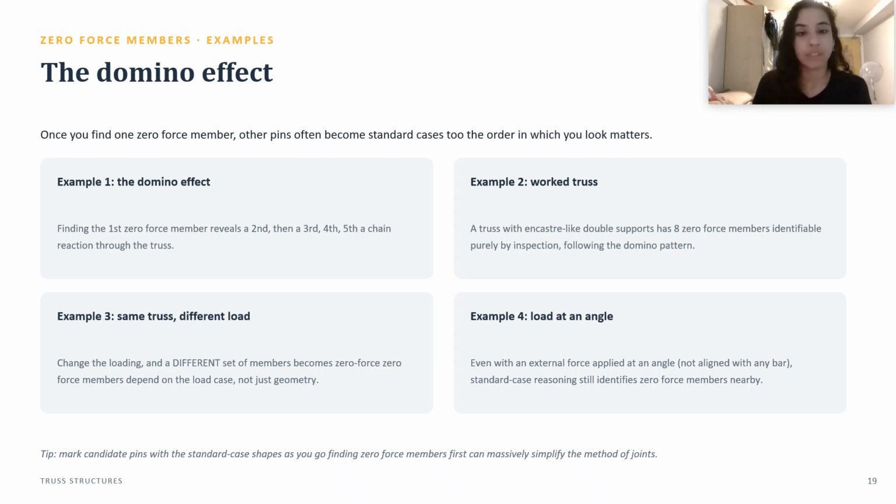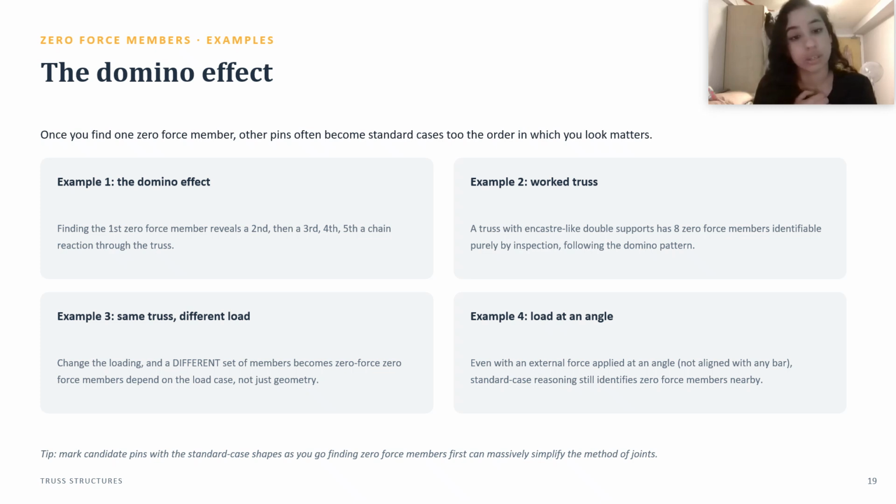Usually when you have a truss that has double supports, like an encastre, in that case you will have 8 zero force members, and you can identify them by inspection. And then if you remove them, that will make your life so much easier. Then you can use method of sections or method of joints. I'm really hoping I'll make a video about that in the future.